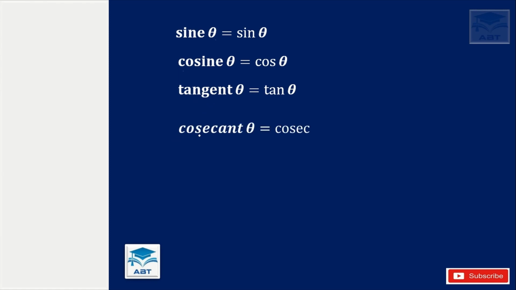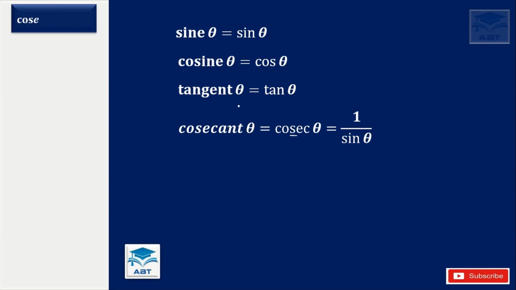We have cosecant theta. It can be shortened as cosec theta, and it is 1 divided by sine theta. So cosec theta is equal to 1 divided by sine theta. We also have secant theta, which can be written as sec theta and is equal to 1 divided by cos theta.